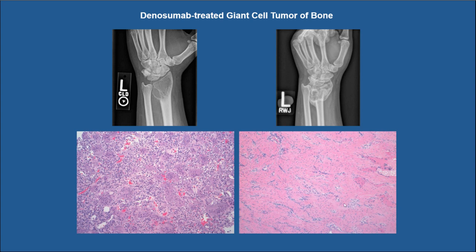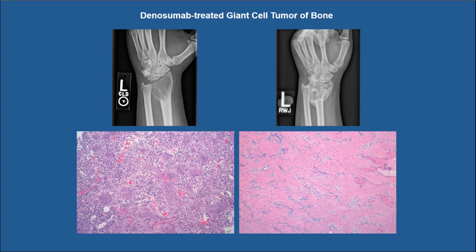So what happens is that somehow denosumab, by inhibiting osteoclastogenesis, actually makes the osteoclasts disappear, and the mononuclear cells will produce bone and replace all of the stroma with all this woven bone. So this is the histological change that characterizes denosumab-treated giant cell tumor of bone.